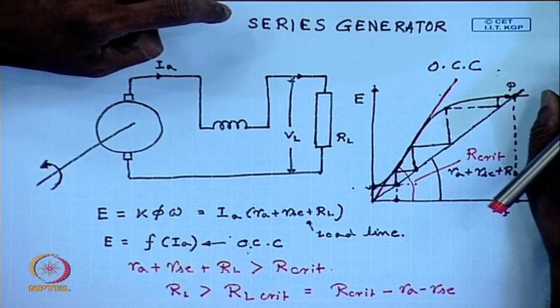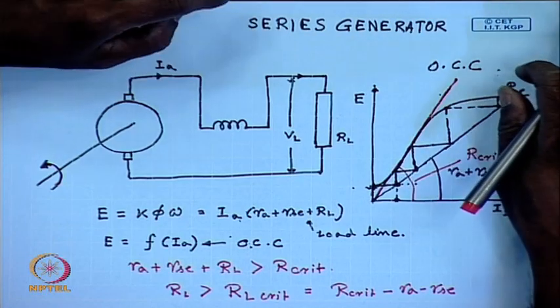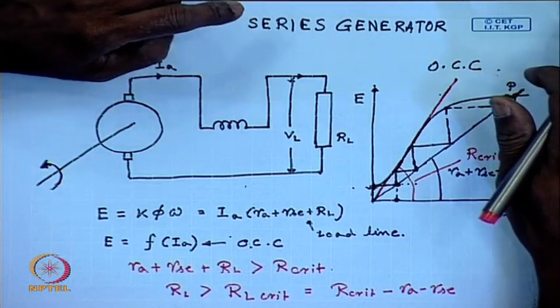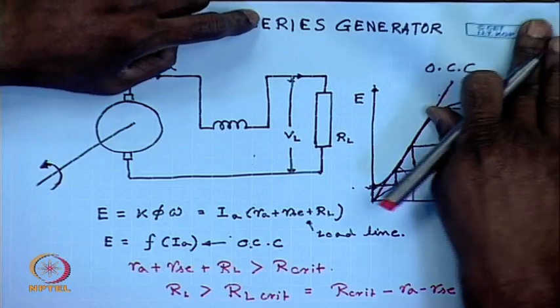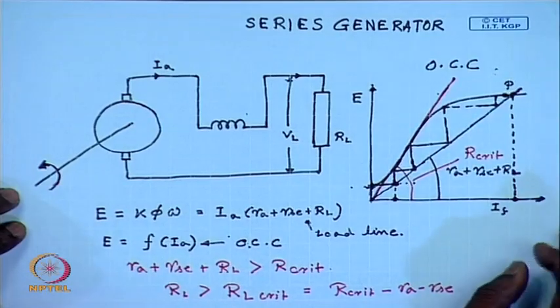Then for a given load resistance, we can also define a critical operating speed, because the induced EMF is also proportional to speed, below which for a given load resistance this series generator will fail to build up.